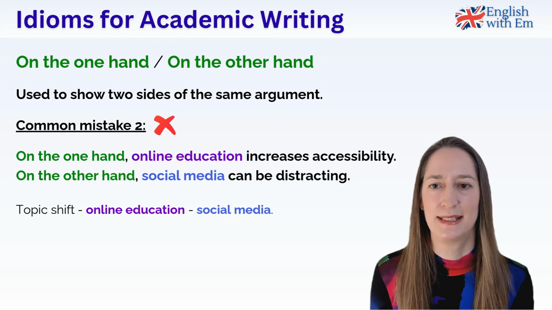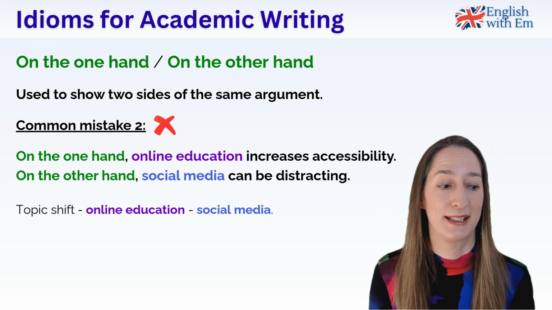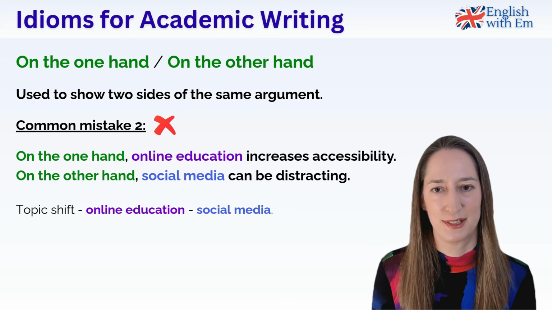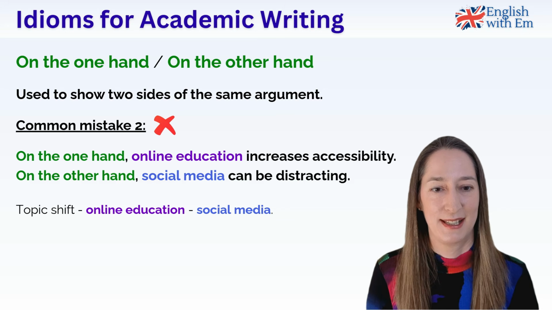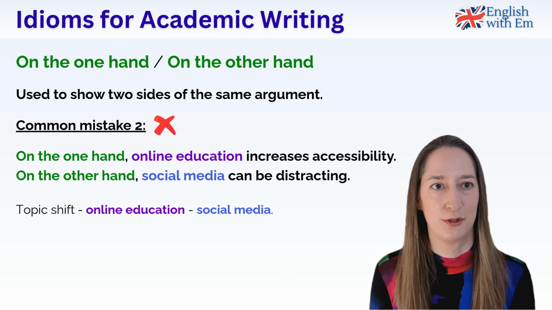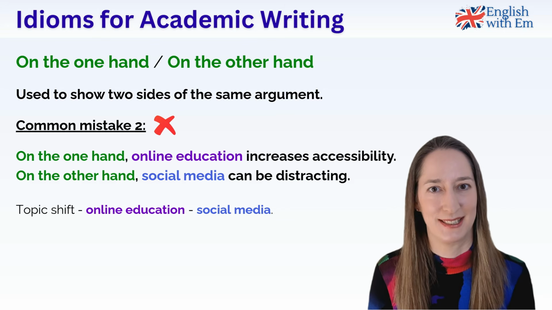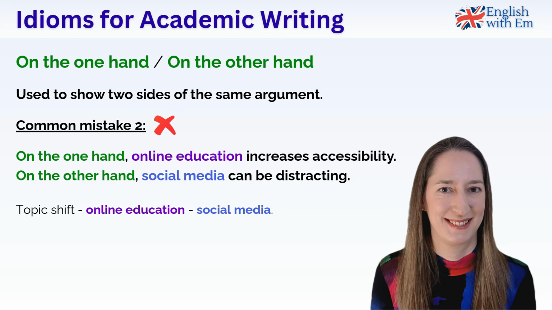So it's not cohesive. The fact that social media can be distracting could be seen as a negative aspect of online education, but you would have to present it differently, perhaps. On the other hand, when studying online, students can be easily distracted, and then you might give social media as an example of something that causes the distraction.